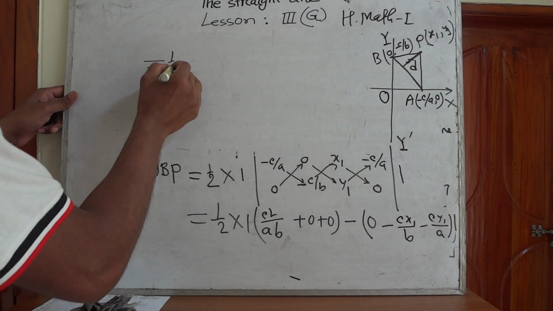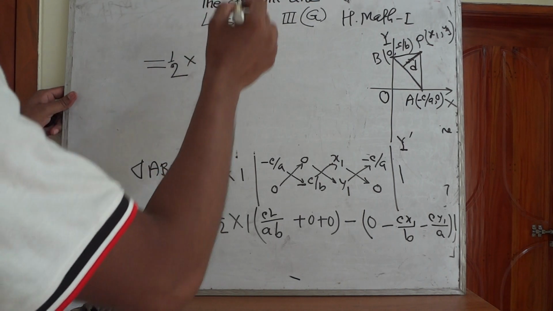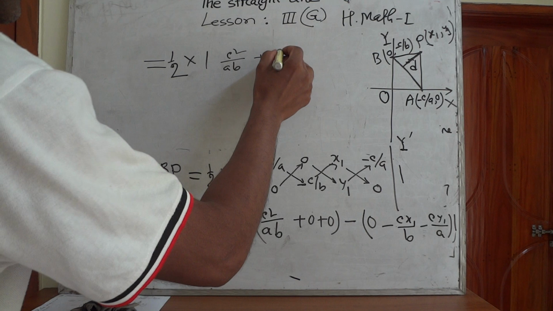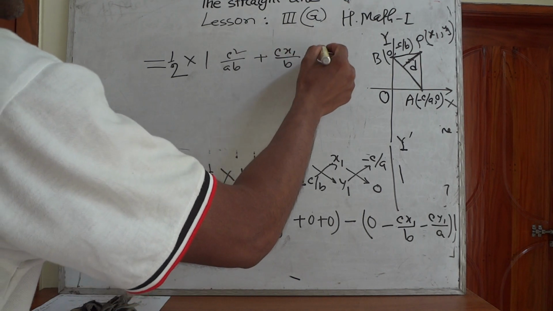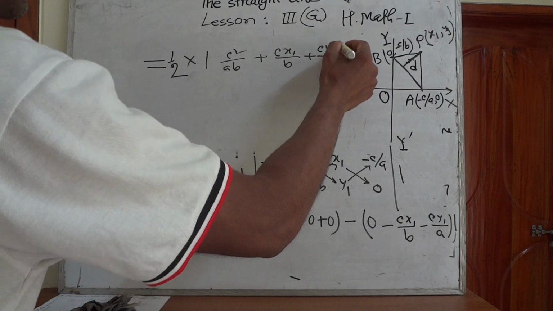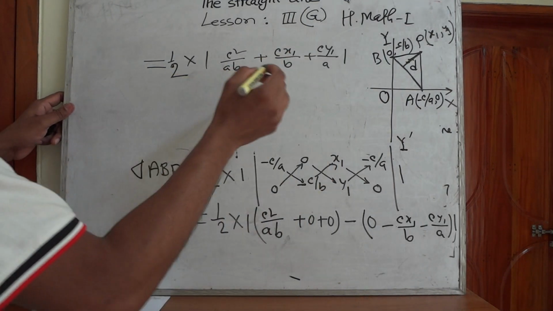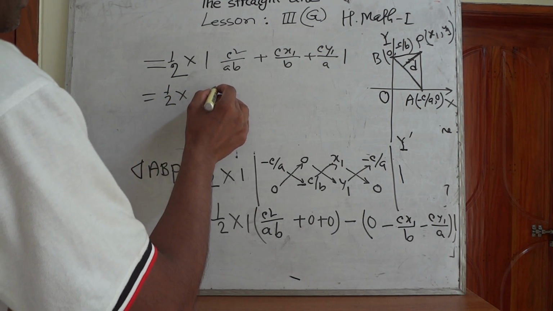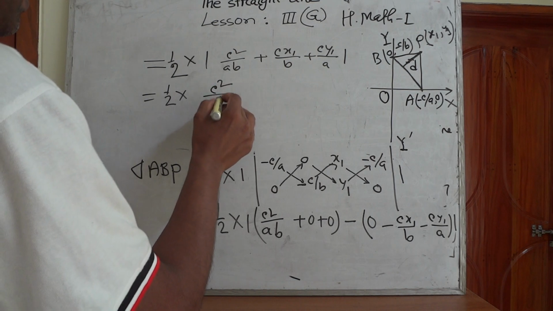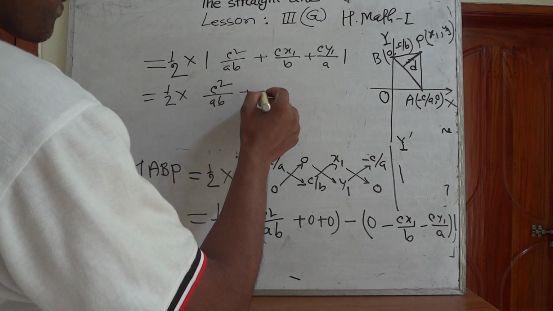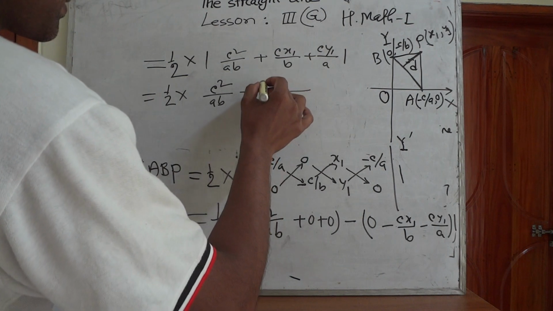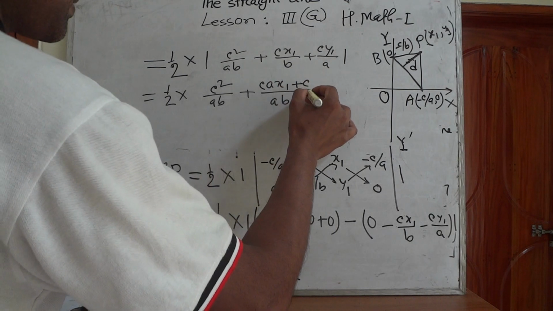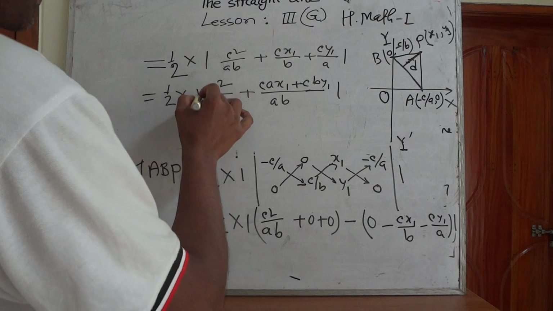This equals half into the absolute value of c square by ab plus c x1 by b plus c y1 by a. Here also the LCM will be ab, so it is c square plus c a x1 plus c b y1 over ab, absolute value.